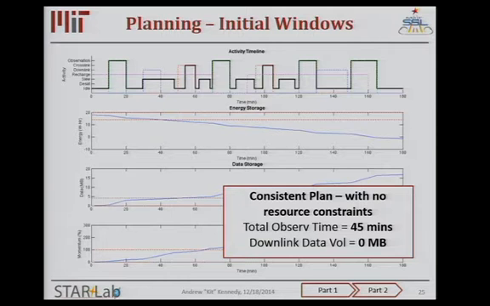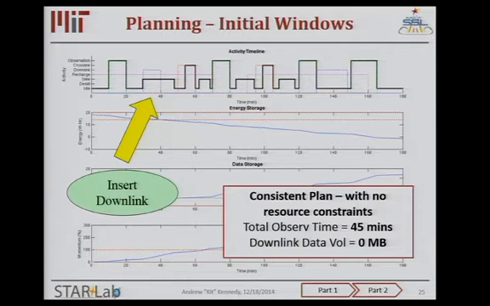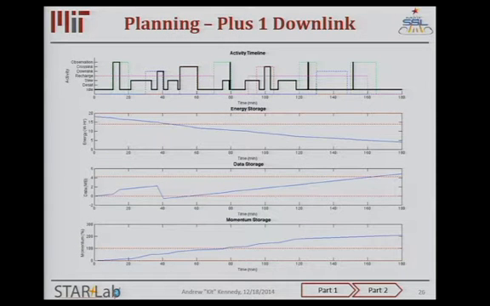So we introduce a downlink activity in this first window for downlink. Hopefully you can see that downlink window, that blue line. When we introduce that, all of a sudden our data storage resource utilization looks a bit better. We're not going out of the limits as much, but we're still not quite meeting them.